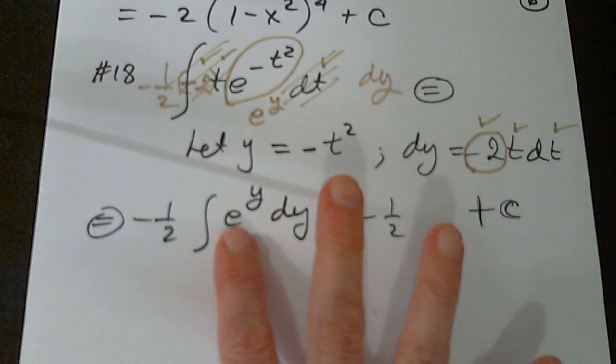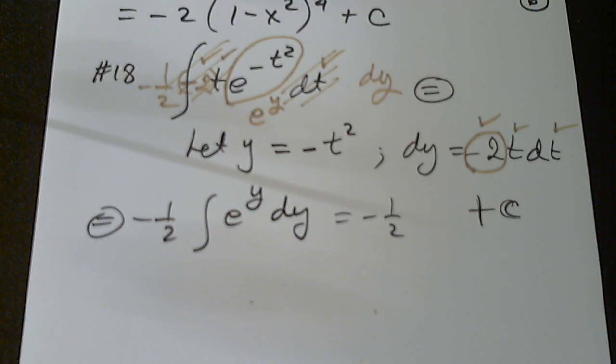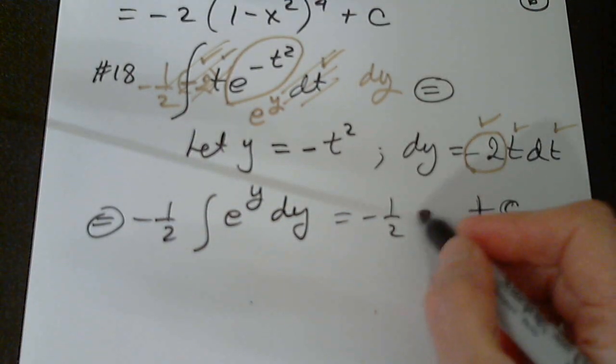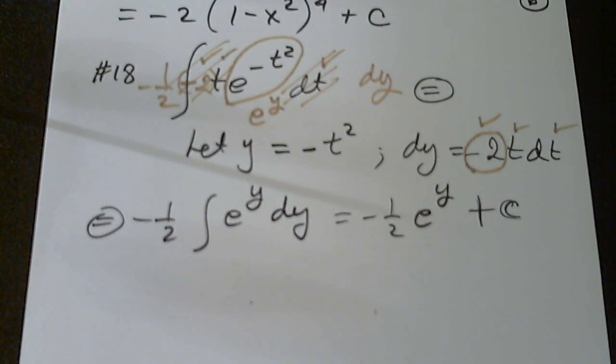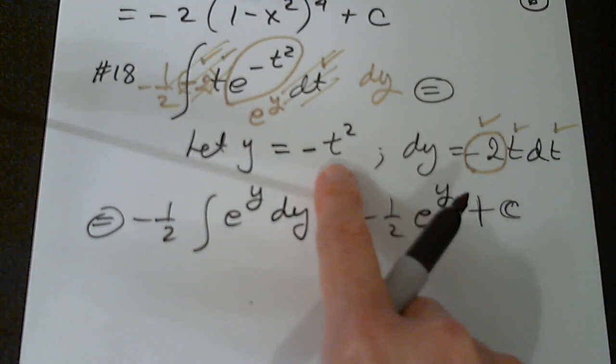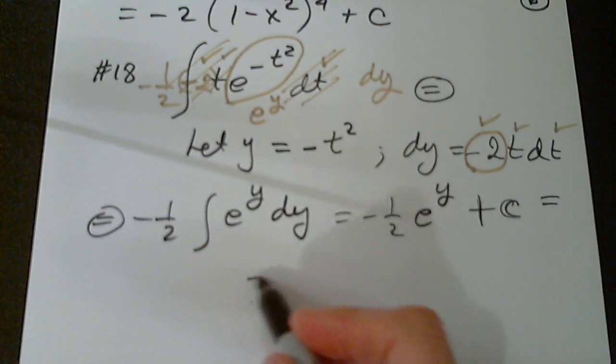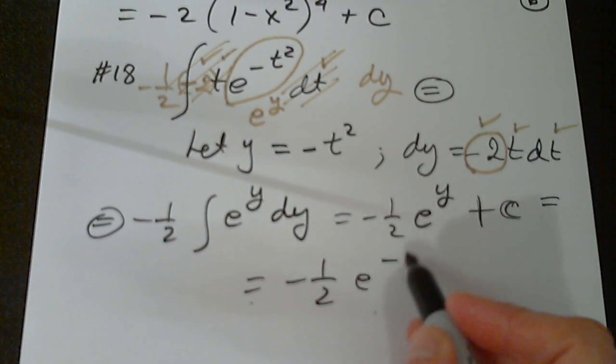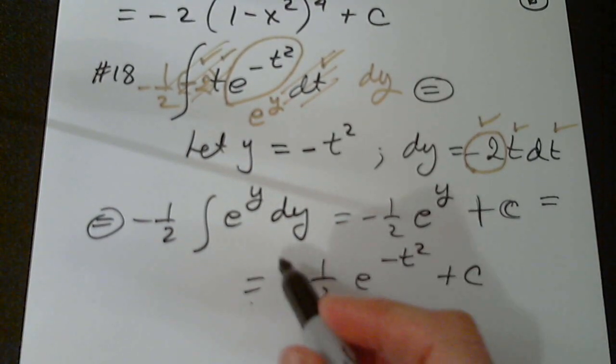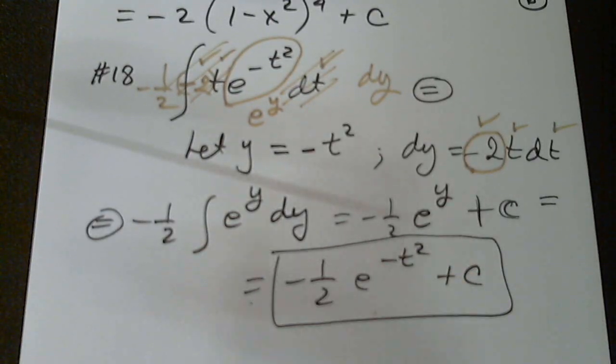This is the easiest function of all, it is e to the y. But I have to replace y by negative t squared. So this is negative 1/2 e to the negative t squared plus a constant c. And this is it.